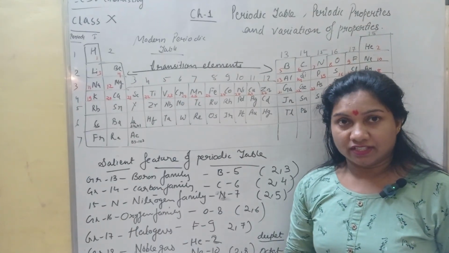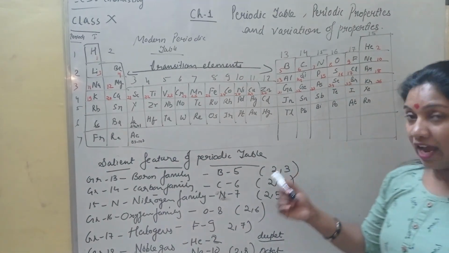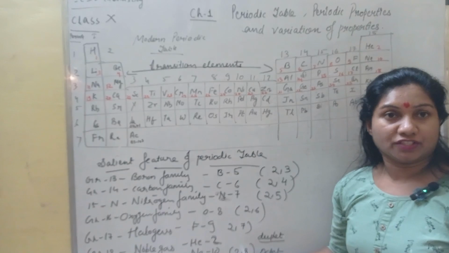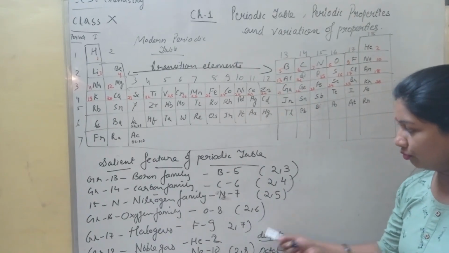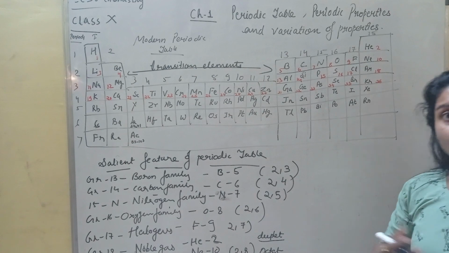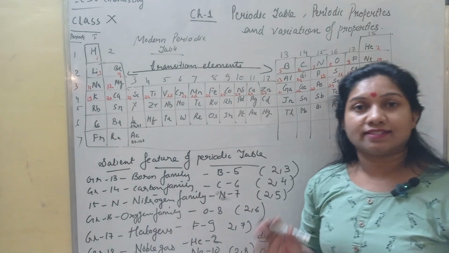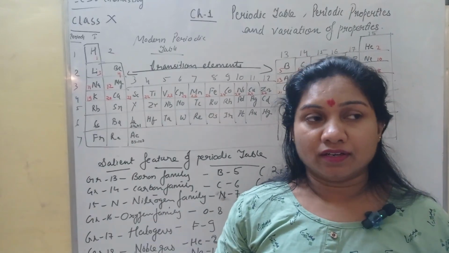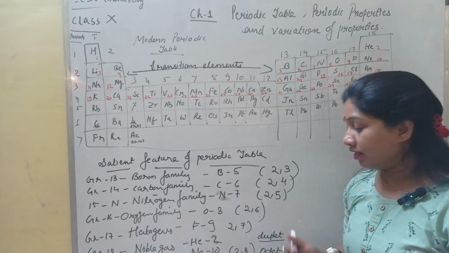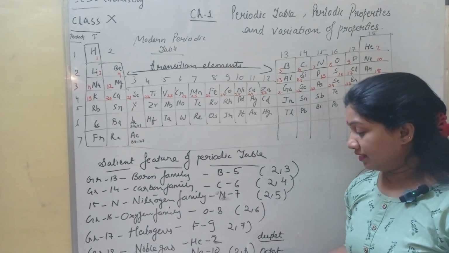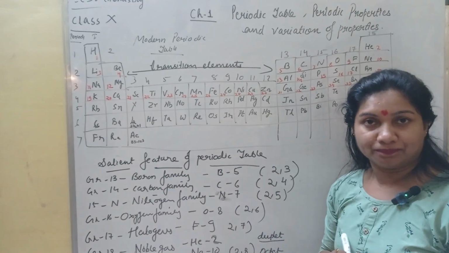So the reactivity of an element is due to not having this electronic configuration. All the elements want to be in a state of stable configuration, and that stable configuration is obtained only by getting 8 electrons in the valence shell or 2 electrons in the valence shell.